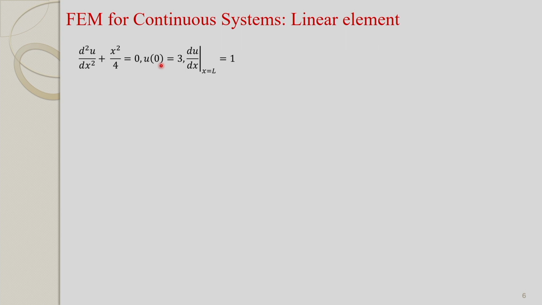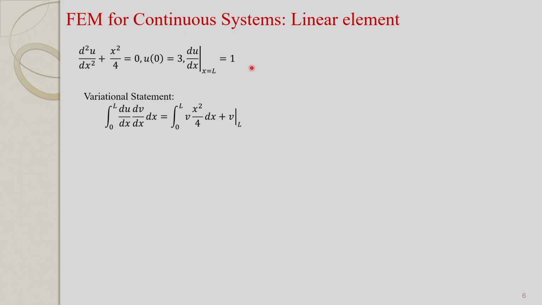At x equal to 0, u is prescribed, and at x equal to L, du dx is prescribed. The first step is to derive the variational statement as we have learned in our first chapter. So, this is the variational statement.